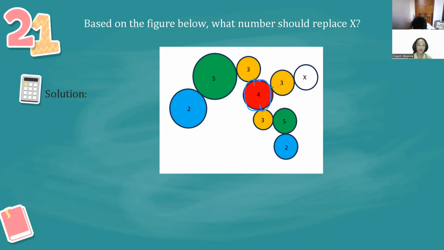And as you can also see, on the other side of this ball, there is another ball attached to it, and that is this green ball, the green ball with a 5. Did you see that?